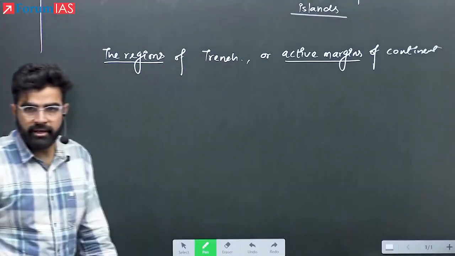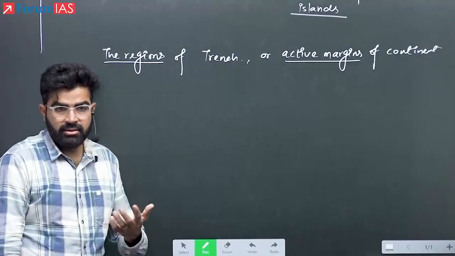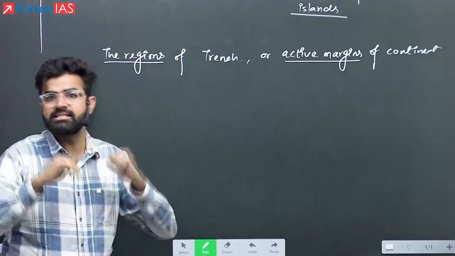Tell me. If I say Himalayas are active, the active margins means where the convergence is going on.